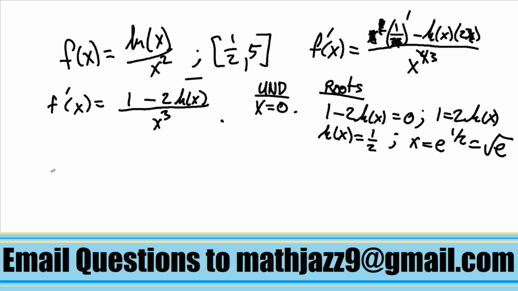Okay, so we need to check all of our critical points, which are square root e and 0. We have to check our endpoints, which are 1/2 and 5, to figure out whichever one of these is the largest is the max, and whichever one of these is the smallest is the min, with one exception. 0 is not between the endpoints.